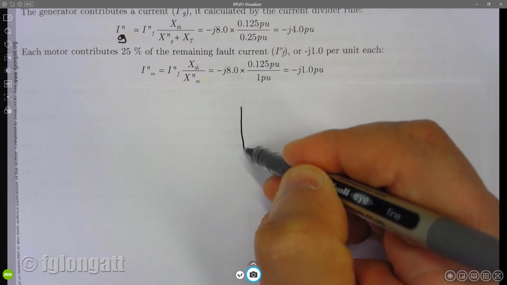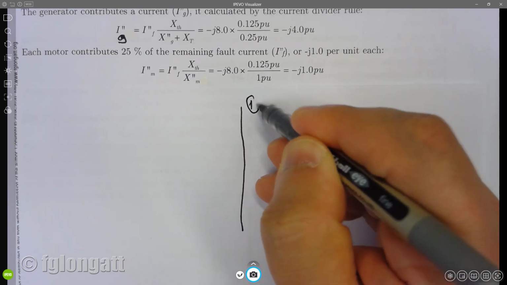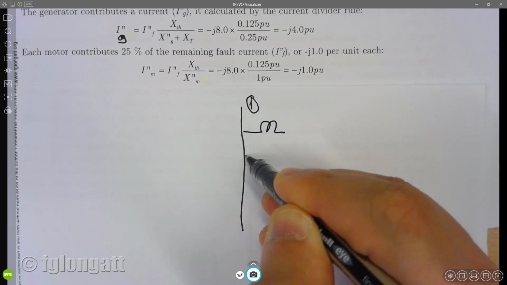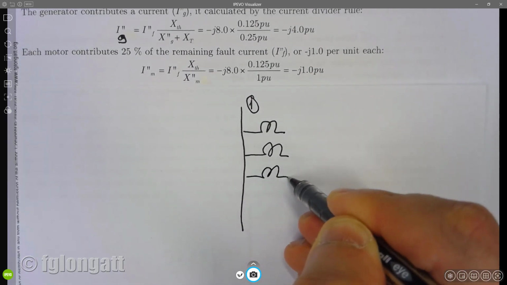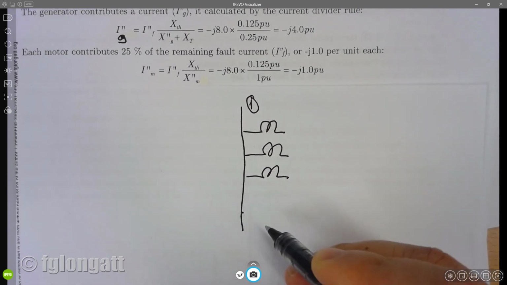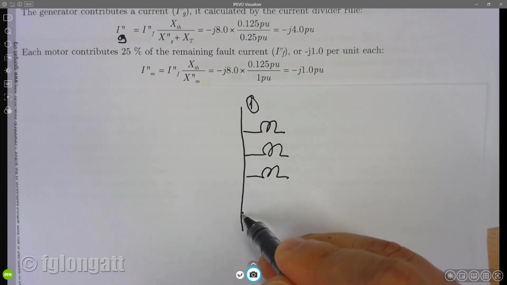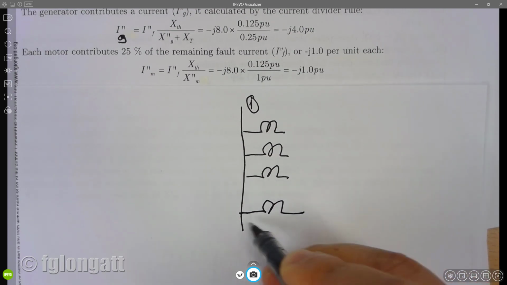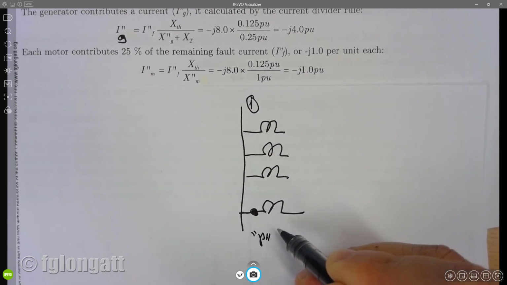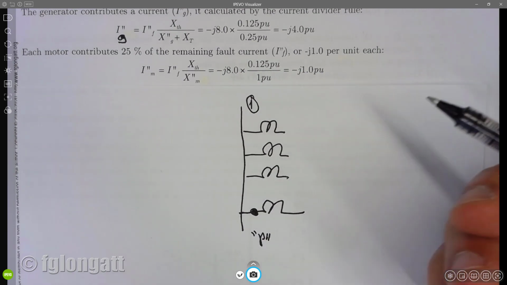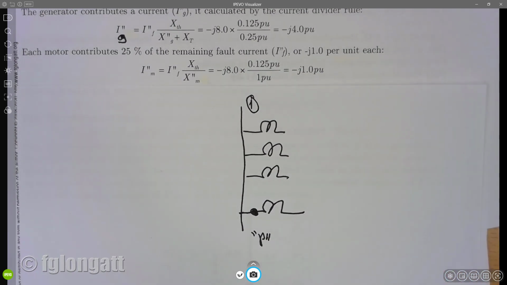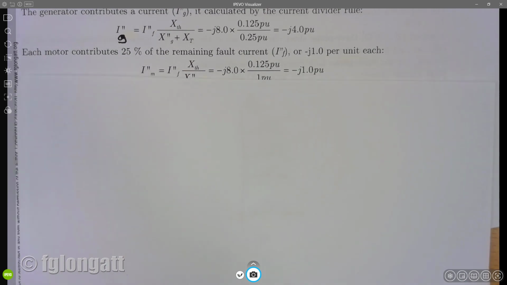We have the bus bar here, bus bar number 1. We have here 1 motor, 2 motor, 3, and then we have the 4th motor, but the point P is located here. The fault is located over there. Let me do it again, because I missed the circuit breaker.